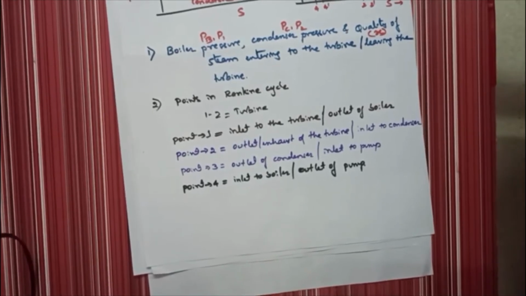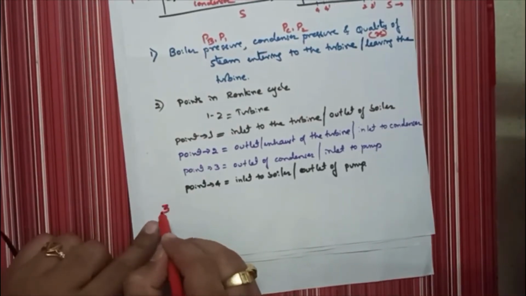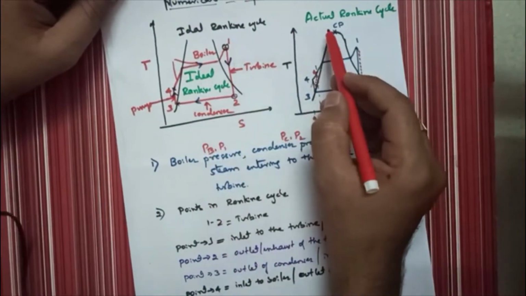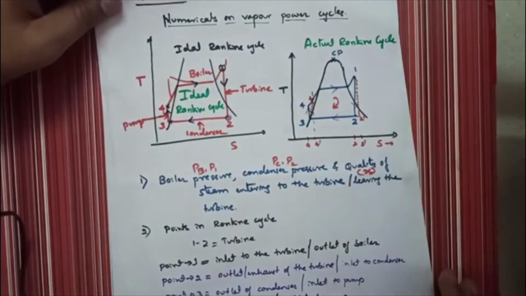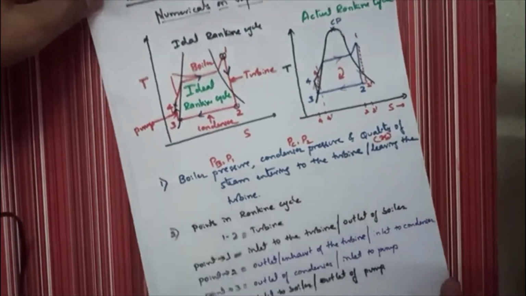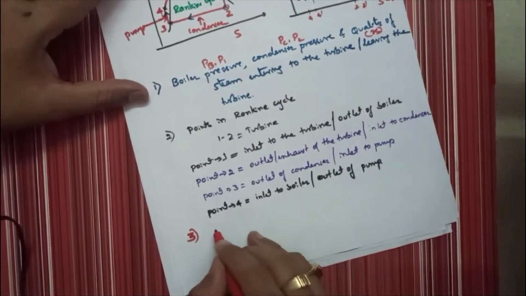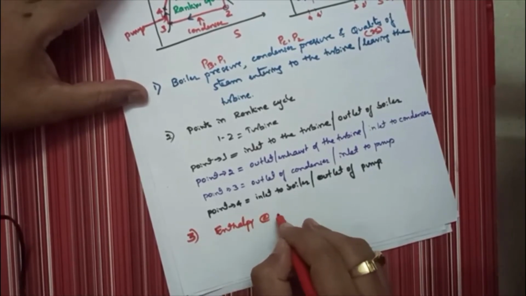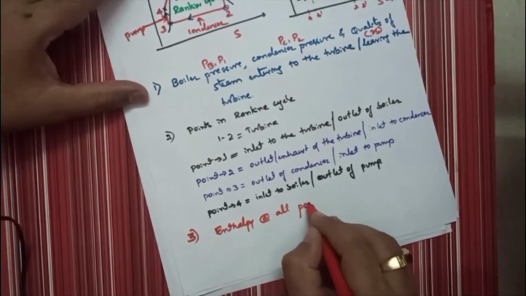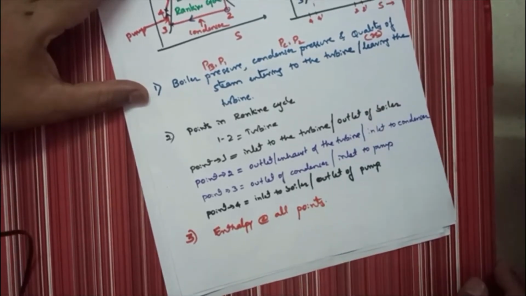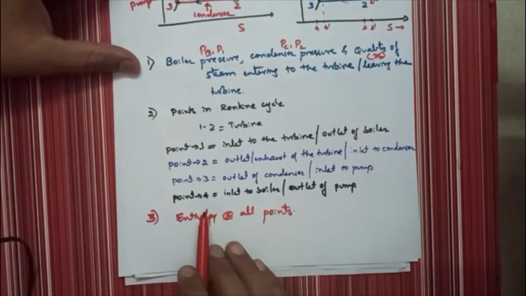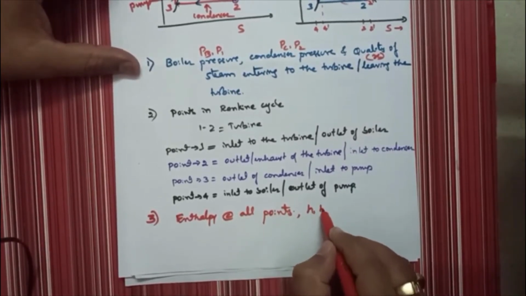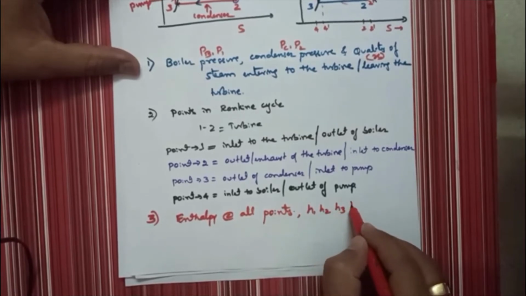Next, coming to the third point. Irrespective of whether the ideal Rankine cycle or actual Rankine cycle is given in the problem definition, you have to find the enthalpy at all points. Make it clear: H1 you have to find, H2, H3, H4.